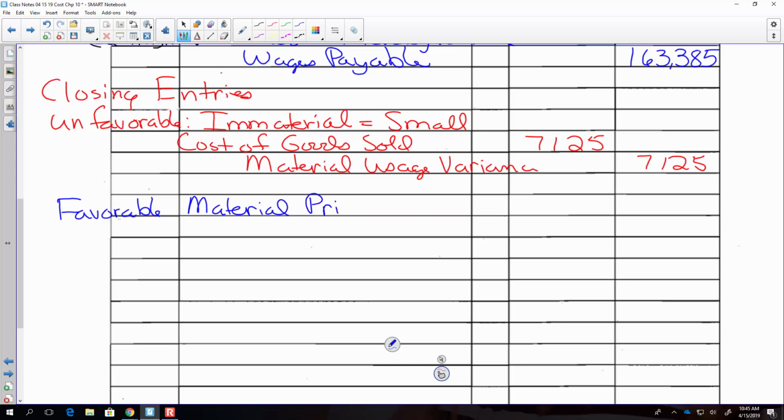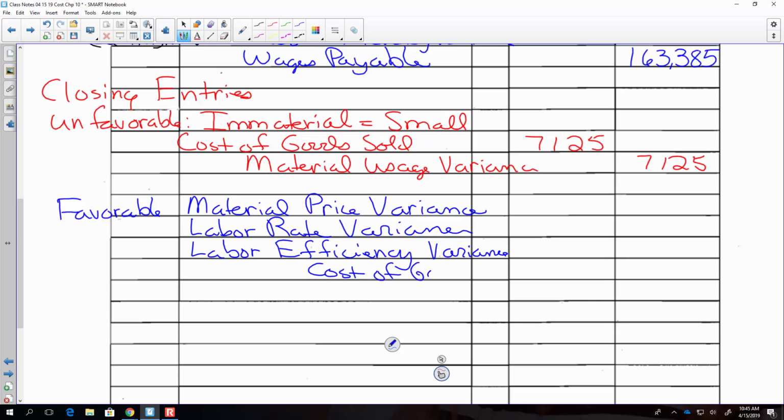Material price variance, the labor rate variance, the labor efficiency variance. Again, we're assuming that the variance quantities are small. So we're just going to close the cost of goods sold.